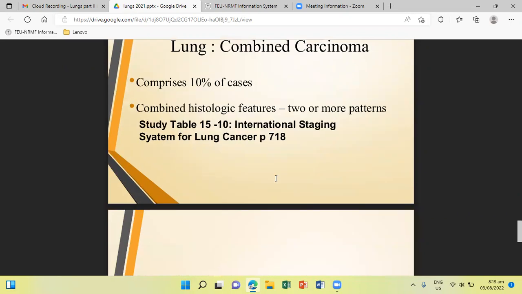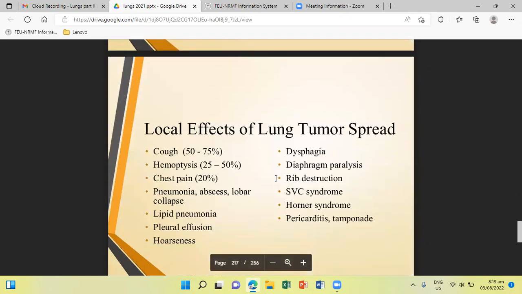So again, do not forget, the most common manifestation would be cough. It tells you that there's involvement of the central airways. Sometimes your patient may have hemoptysis, meaning there's already hemorrhage from tumor in an airway. Chest pain is sometimes also appreciated.